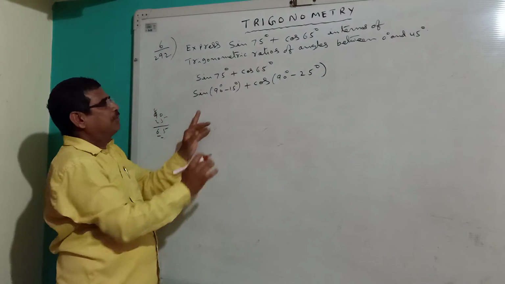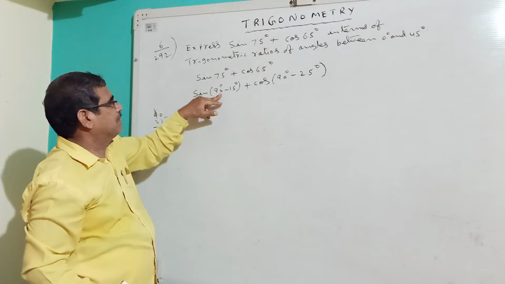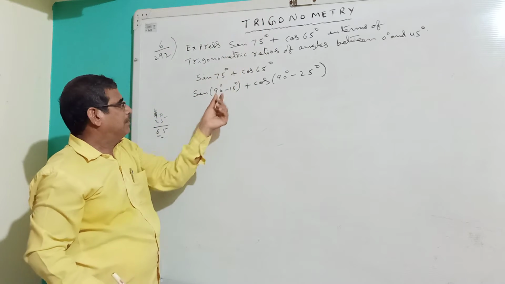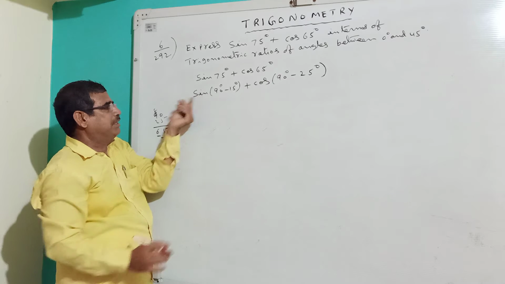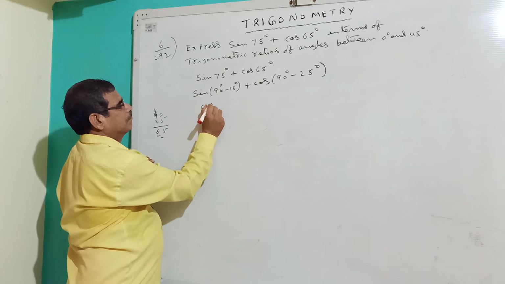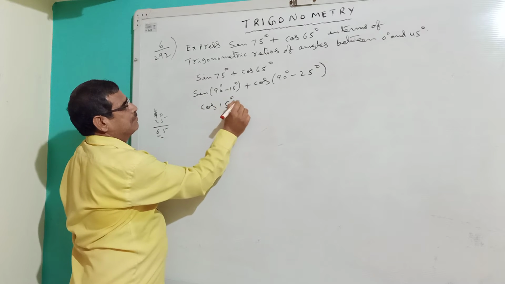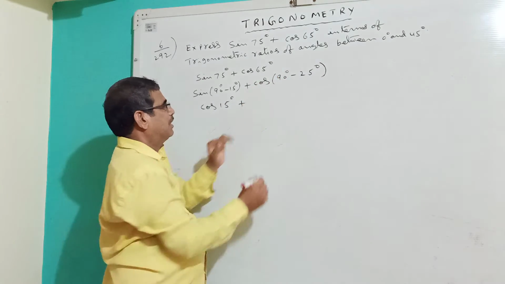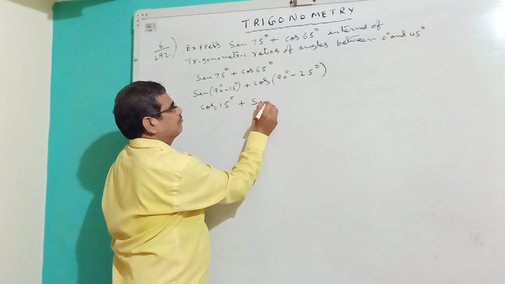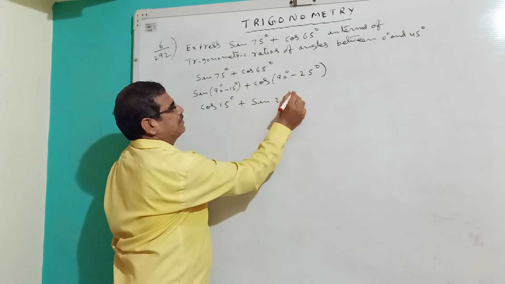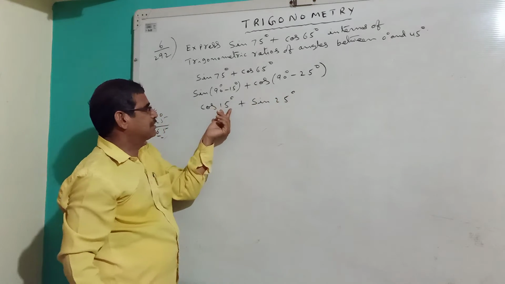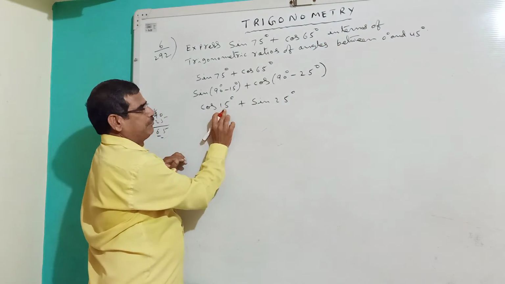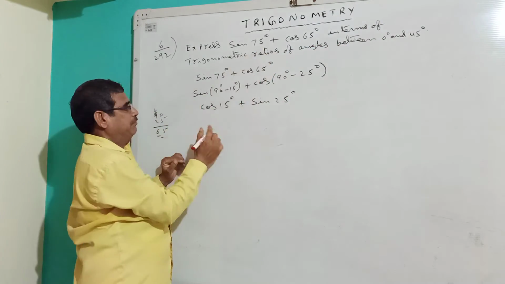So you know very well how to do this one. Already I told you so many times. 75 degrees is in the first quadrant. Here 90 is there. Instead of sine, cos will come: cos 15 degrees plus. Here also the same procedure. 90 is there. Instead of cos, sine will come: sin 25 degrees. See, these angles are between 0 and 45 degrees. 15 and 25 are less than 45.